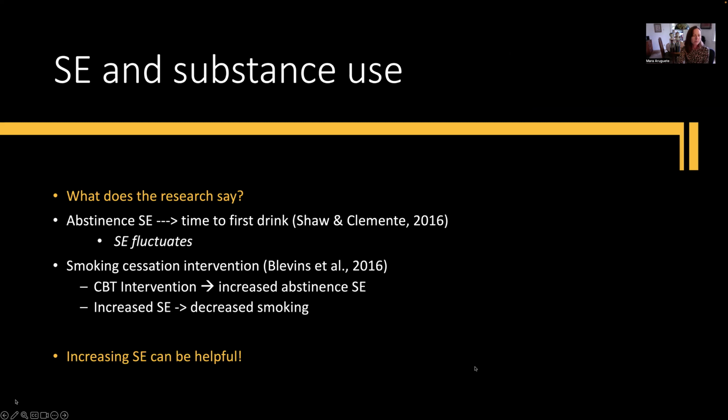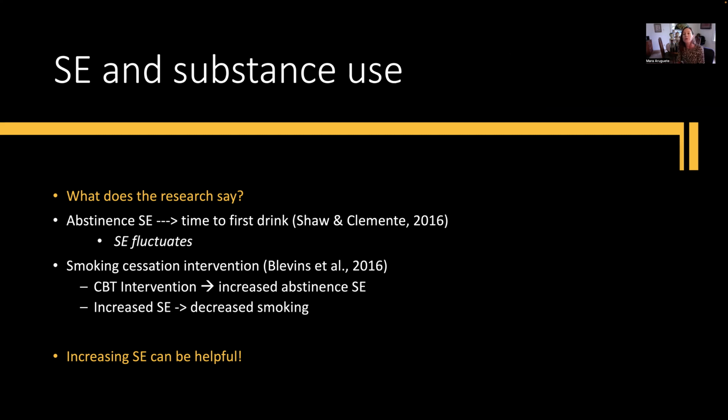Okay, so self-efficacy and substance use: what does the research say? Abstinence self-efficacy will affect the time to first drink and the amount of time that a person will drink.